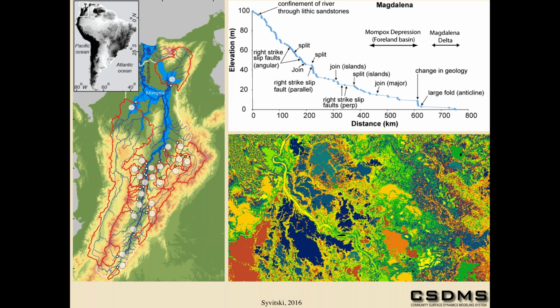I think because of time I'm just going to skip this, but we did some work on the Magdalena River and on this particular Mompox depression. It only traps like 14% of the sediment load going to the coastal ocean into the Atlantic.